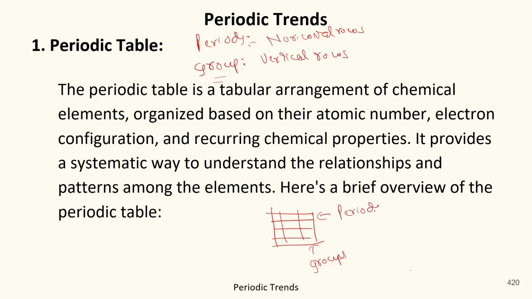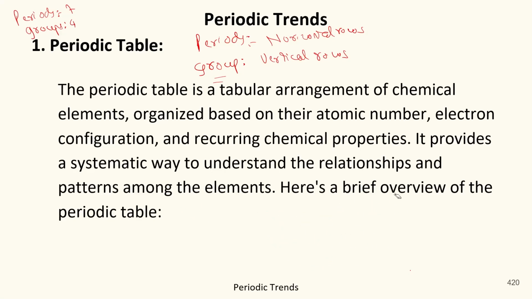Got it? And what about the total number of periods and groups? The periods totaled 7 and the groups totaled 9. So there were 9 groups and 7 periods. But his periodic table had some failures.